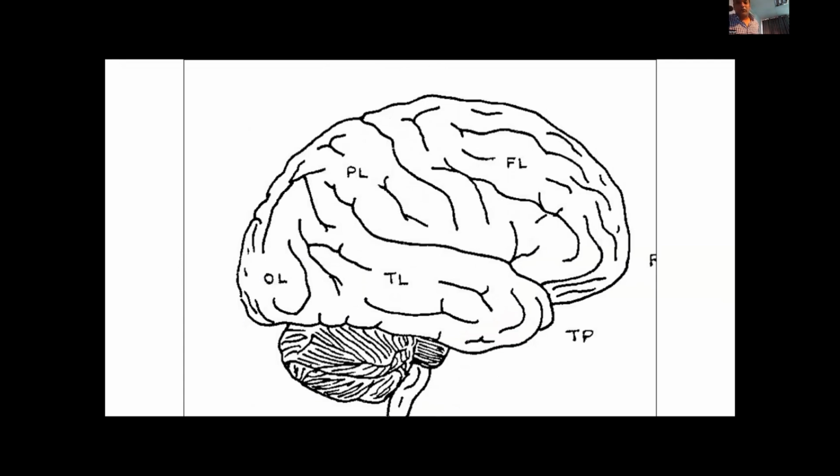So this is just a pictorial representation of, I guess, almost an idiot's guide to the brain, and in particular, how it presents in stroke syndromes.